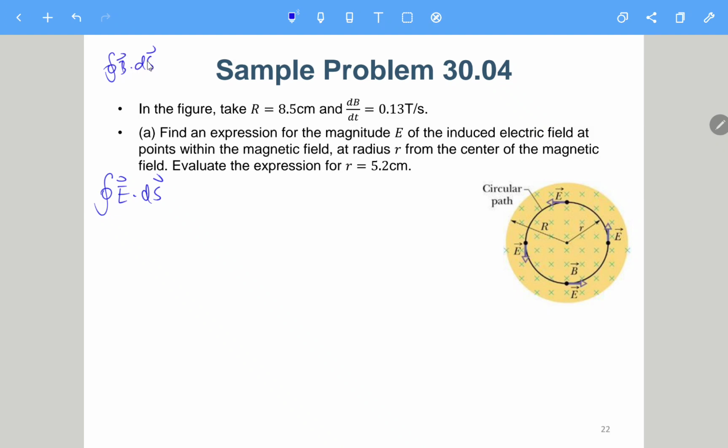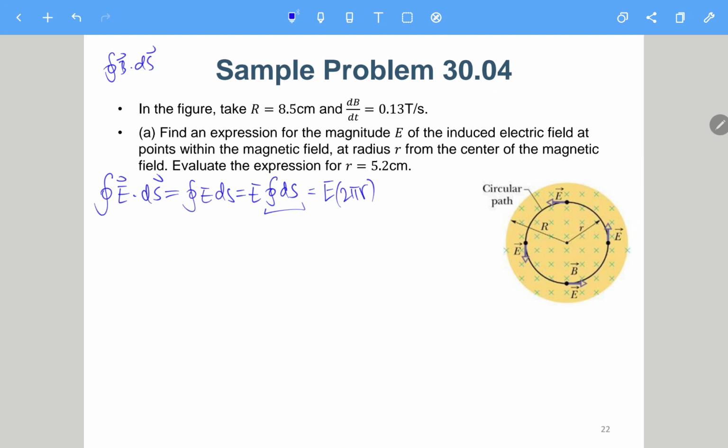So B dot ds is B times ds, and since B is uniform, we can put it outside, so it is just B times the length of the path. Here is the same case. E and ds should be pointing in the same direction, or opposite directions. So in this case, it is the integration of E times ds, and E is uniform because of the circular symmetry. So it becomes something like this. And this is the circumference of a circle, so it is nothing but 2 pi r. So E times 2 pi r. Nothing but this thing.